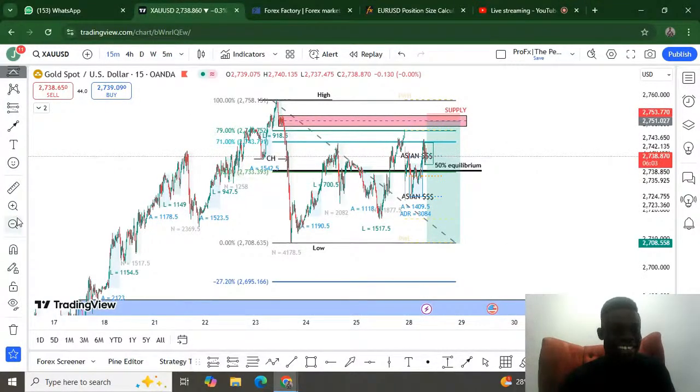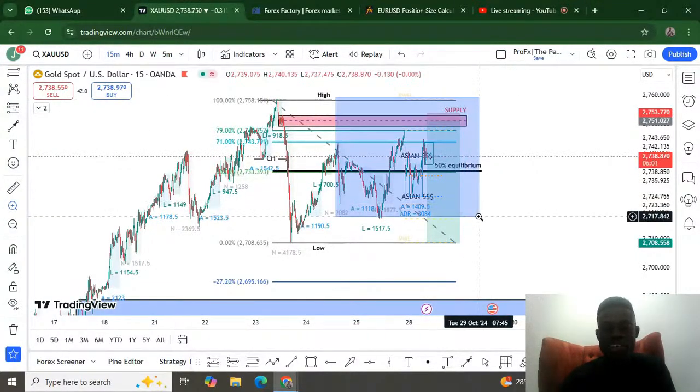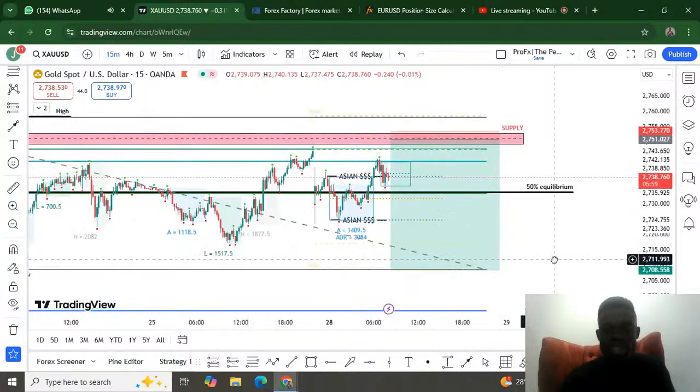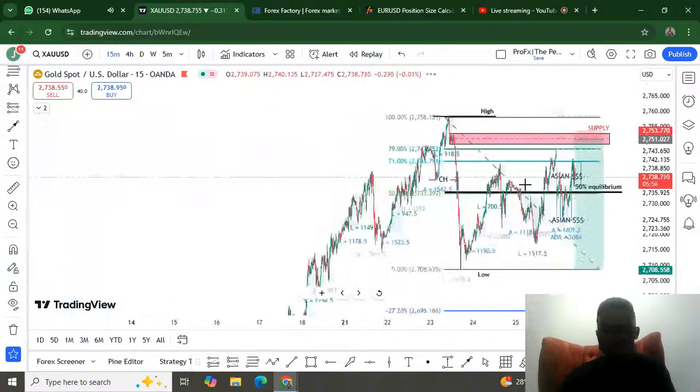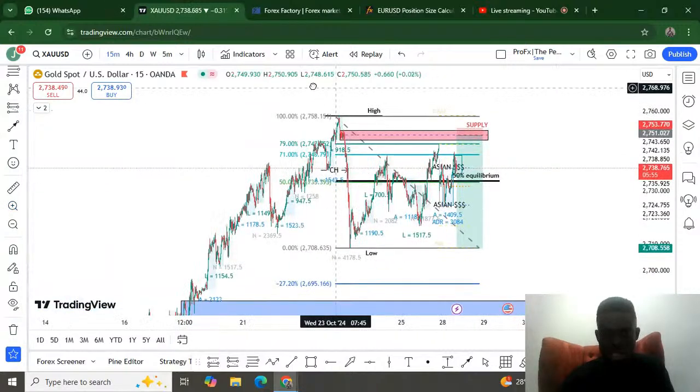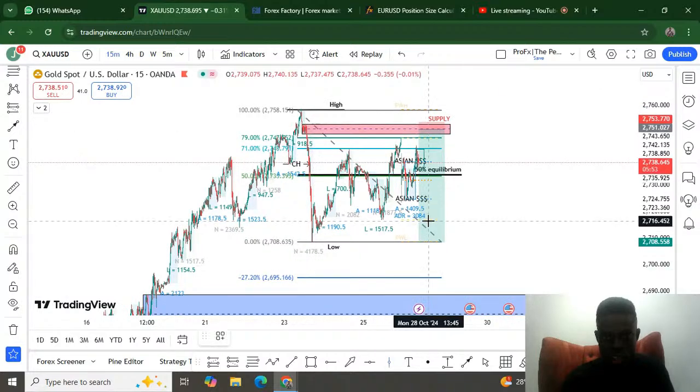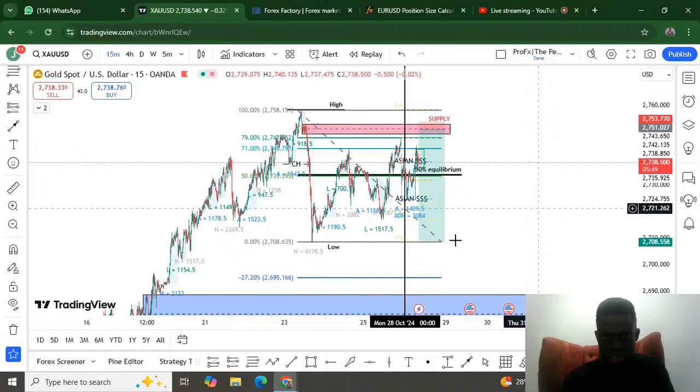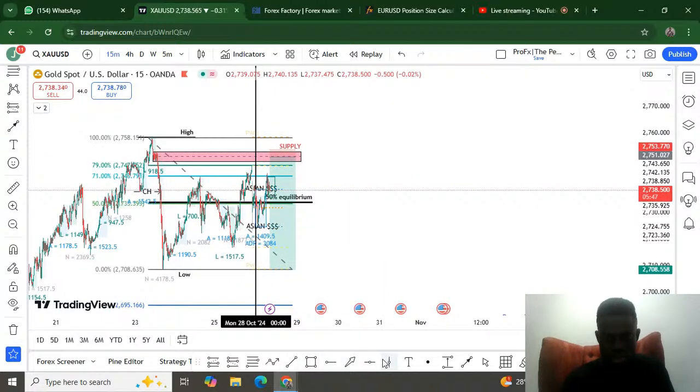So we still expect a lot of accumulations. All right, let's do something beautifully. Let's mark out our Monday vertically. Monday to Monday. Tuesday.